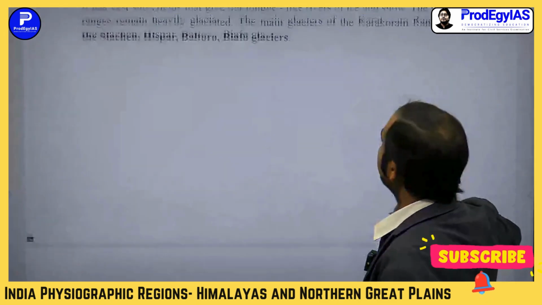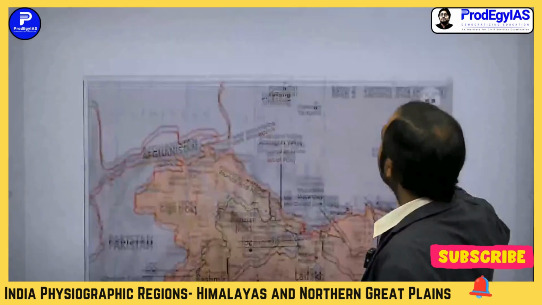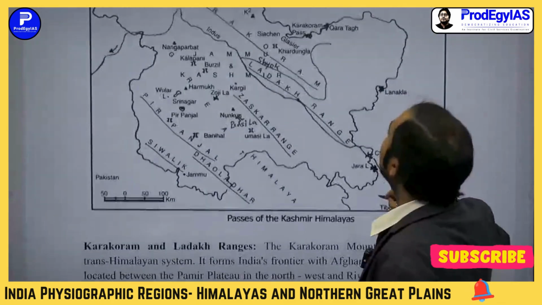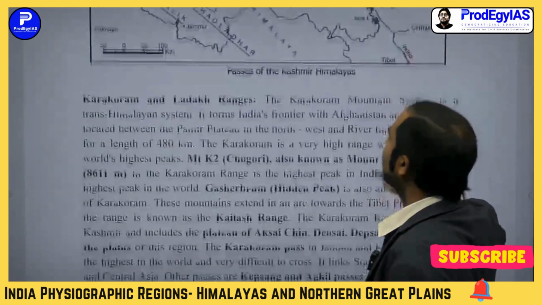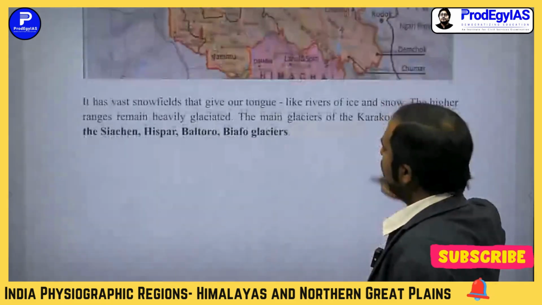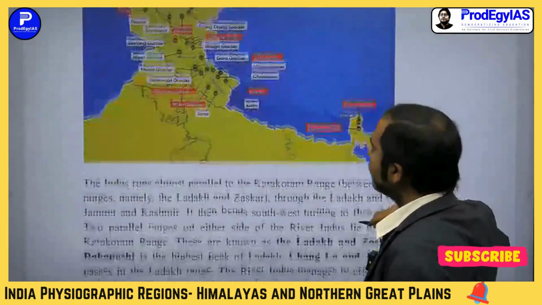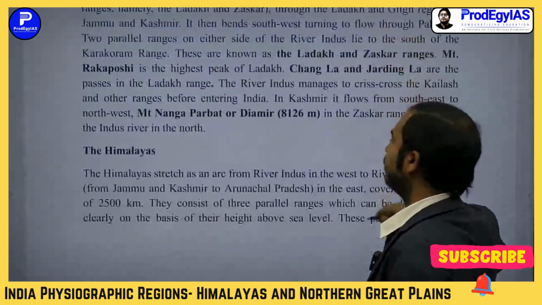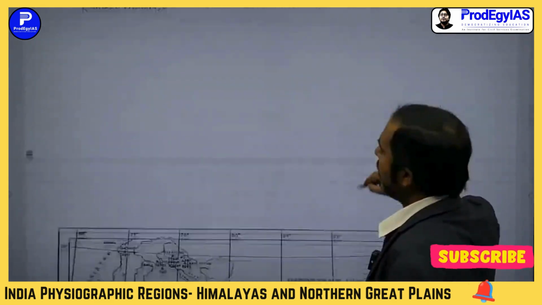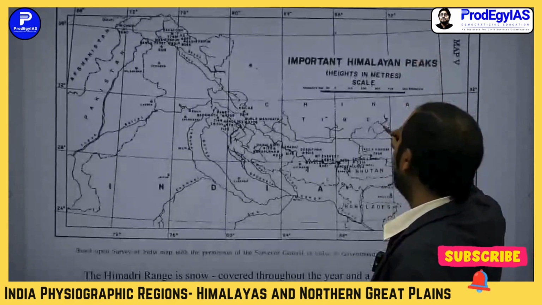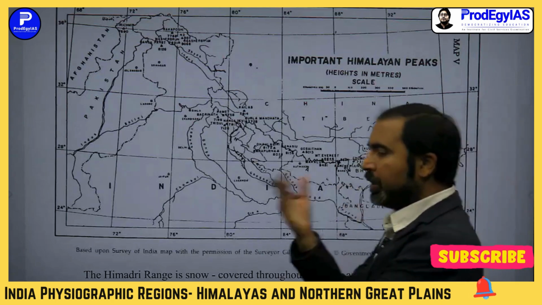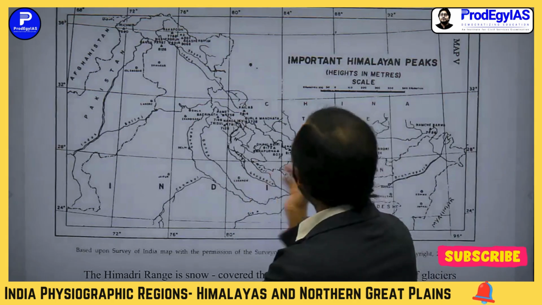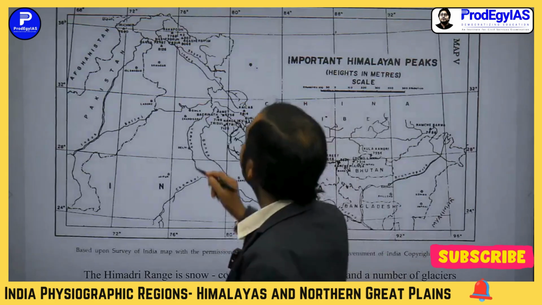Now we will see, yeah, we have done it, the Karakoram Ladakh part. Now in one more map, we will see all the passes of the Himalayan region. First do this, all the peaks of the Himalayan region, then all the passes of the Himalayan region, right? For peaks, start from here.